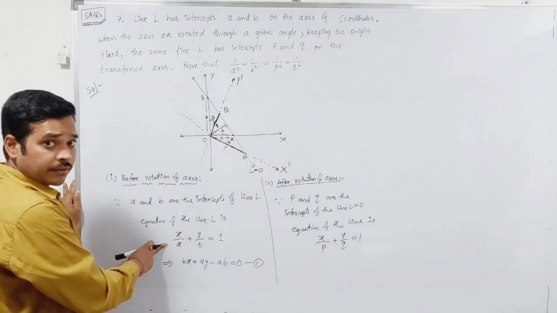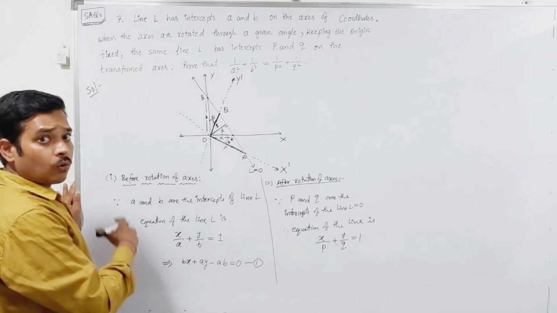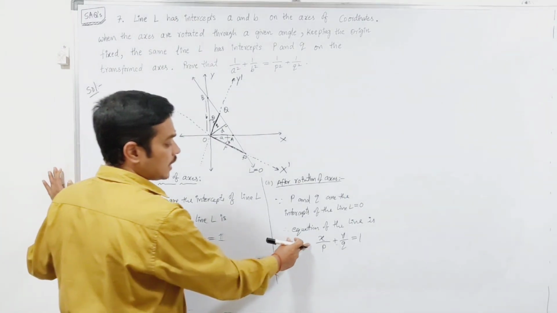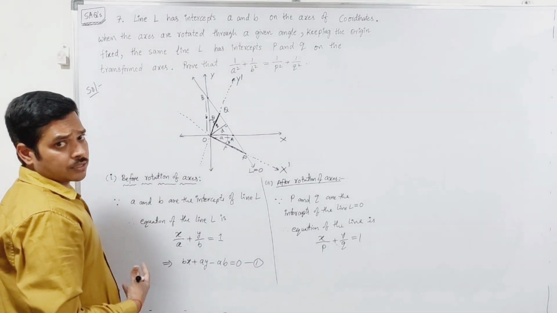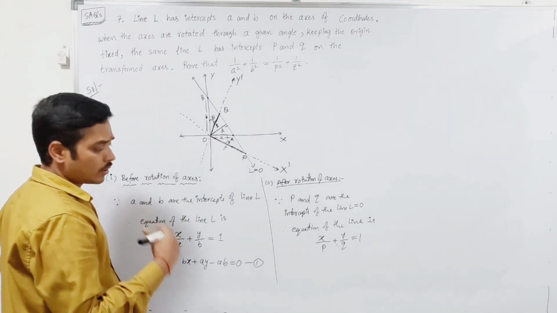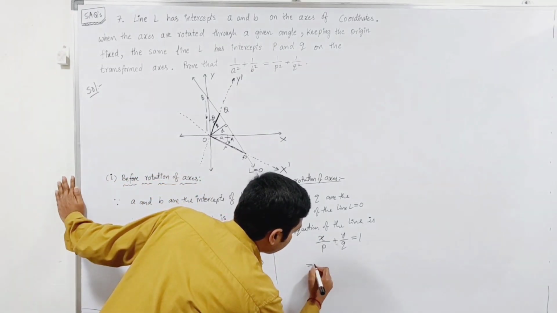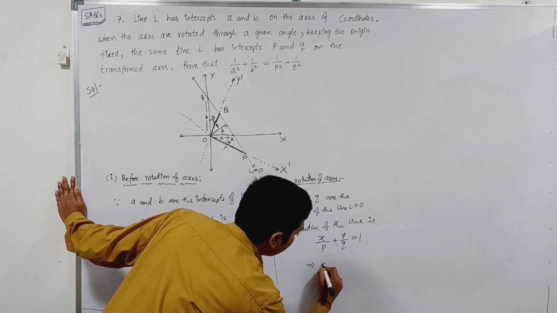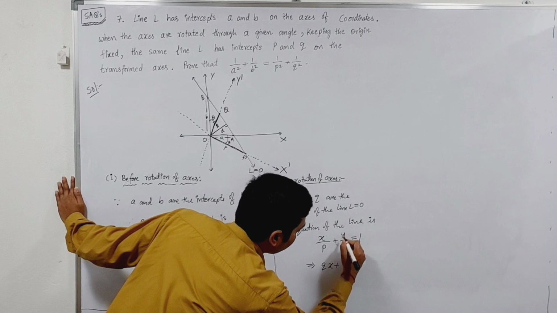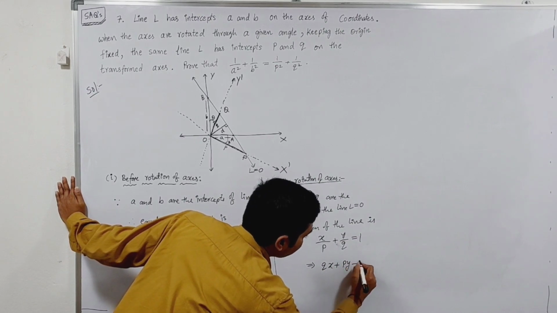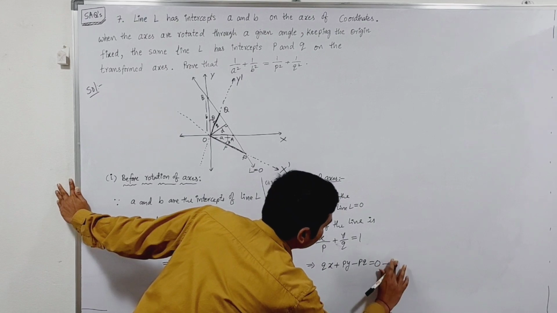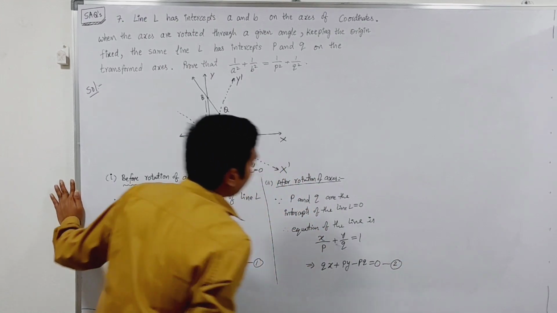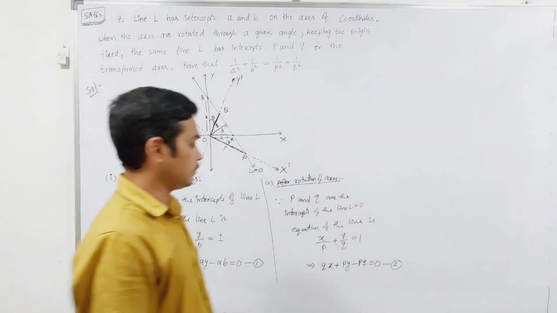This is the equation of the same line according to the transformed coordinate system, the new coordinate axis. From this equation, we get qx plus py minus pq is equal to 0. This is the equation of the same line after rotation of the axis.